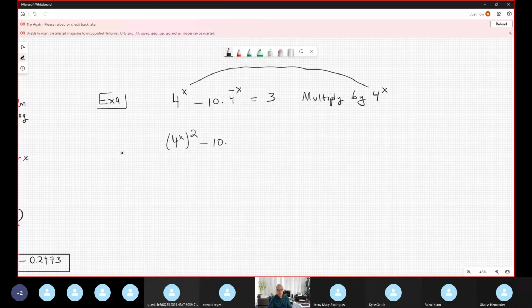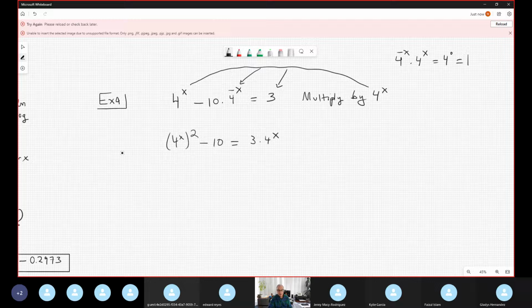And when you multiply 4 to the minus x times 4 to the x, it is equal to 4 to the 0, and 4 to the 0 is 1. So it's just 10. Equal, and this time this is 3 times 4 to the x.